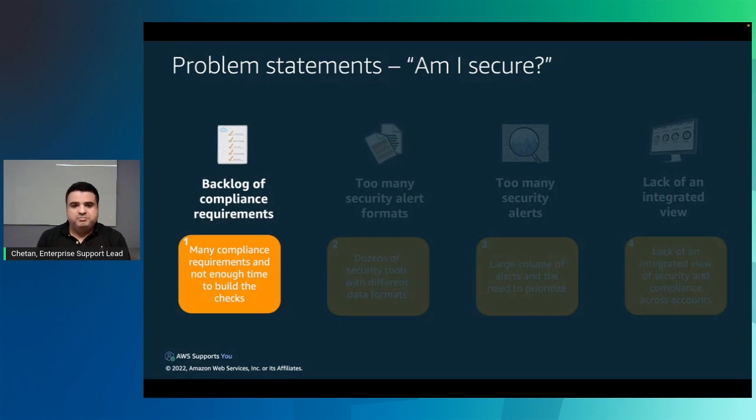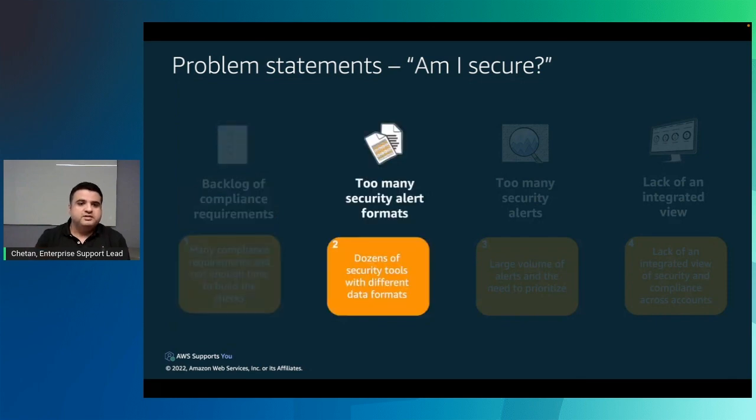Especially for organizations running in financial sectors, they need to ensure that their workloads are PCI compliant. So Security Hub automatically runs continuous account-level configuration and security checks based on best practices and industry standards. It provides you with a result in terms of a readiness score. That's something that you can go and check, what my score is. And this is something we'll also cover in the subsequent slides.